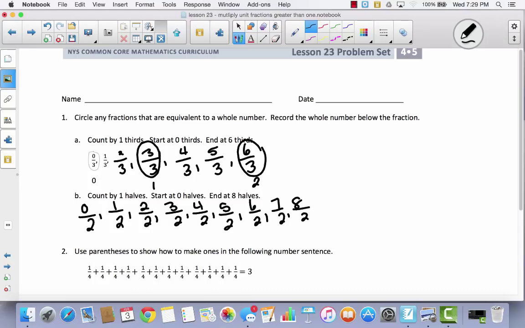So now I want you to pause the video, and I want you to try to go through and circle all of these fractions that are equal to a whole number. So press pause, circle all the ones you think are equal to a whole number, and then come back and let's see if we agree.